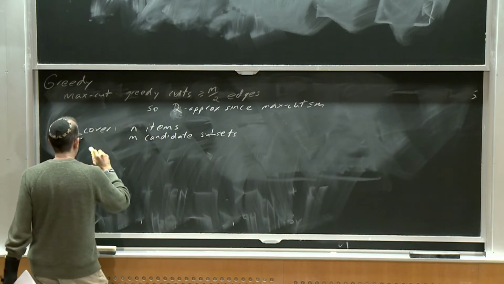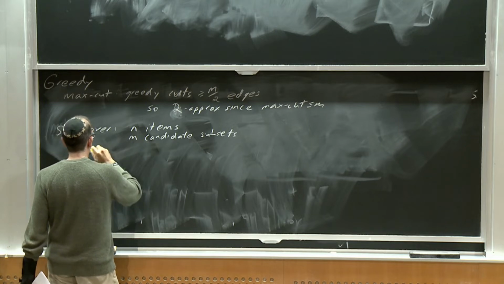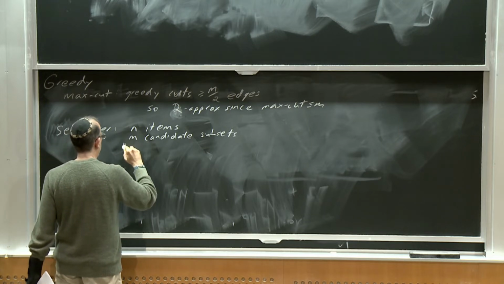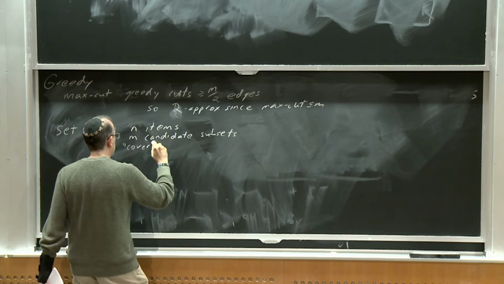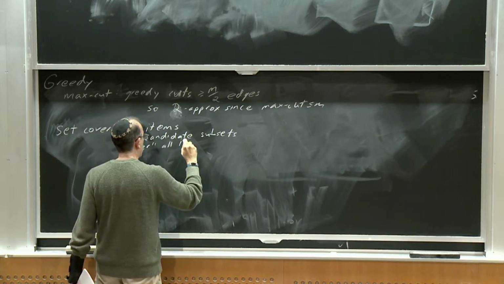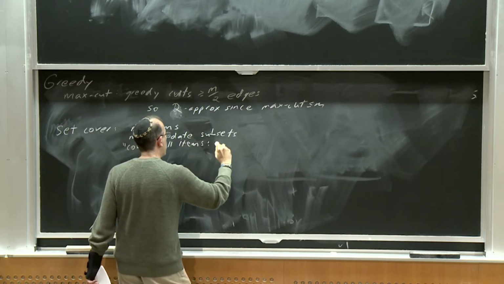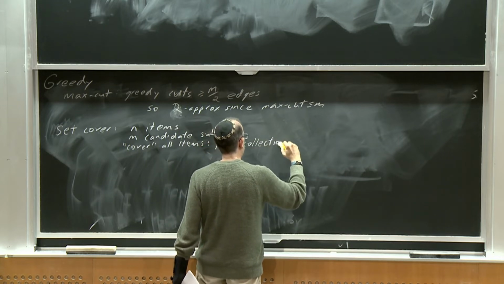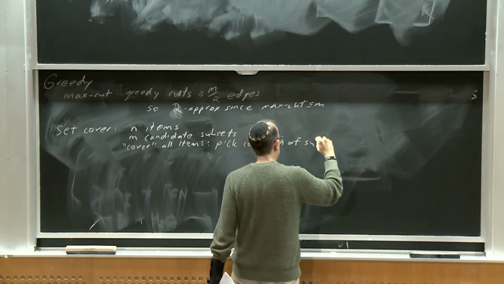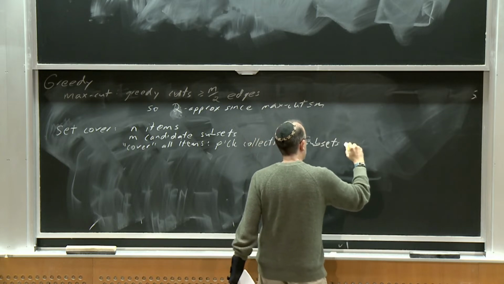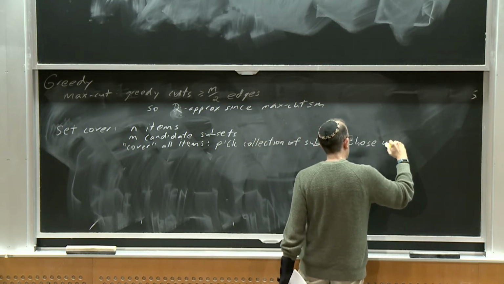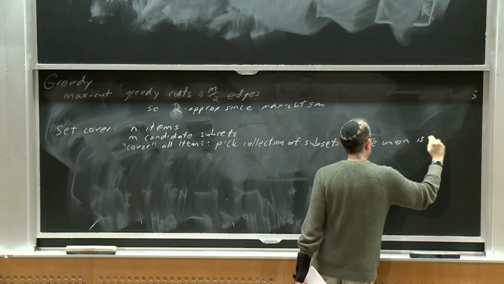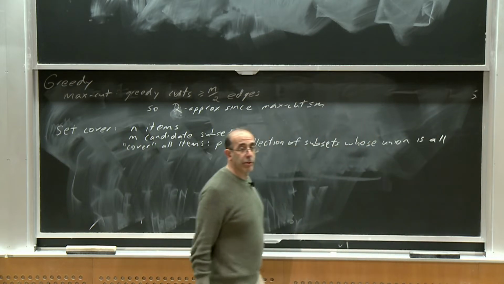And your goal is to cover all of the items, which means you want to pick a collection of subsets whose union is all the items.